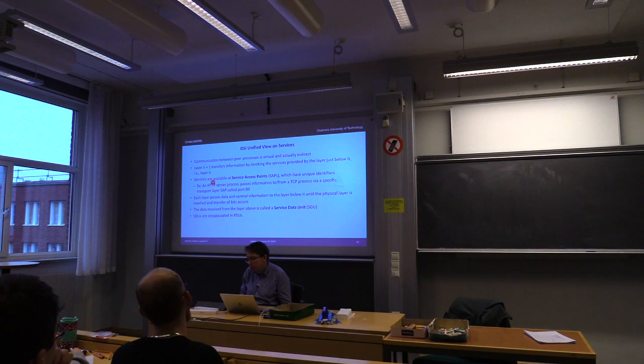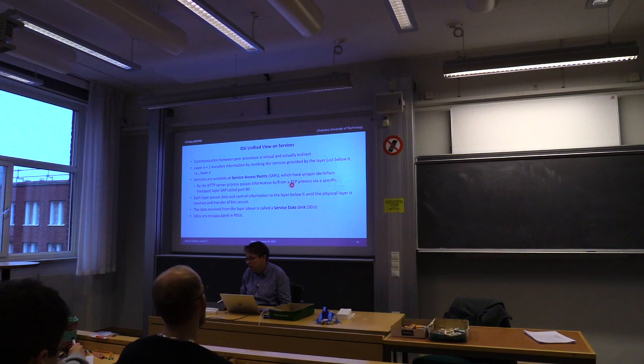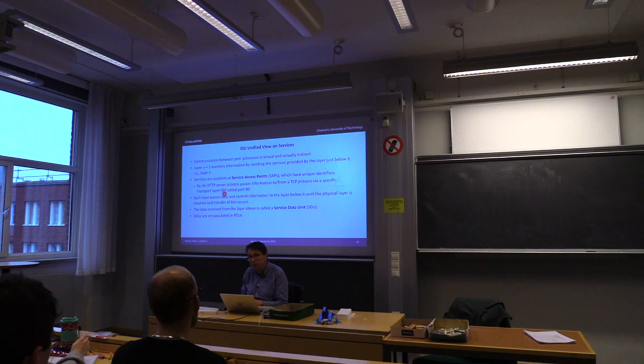So an HTTP server process passes information back and forth to a TCP process. This is at the application layer, and this is at the transport layer. So the HTTP process sends information back and forth to the TCP process via a specific transport layer service access point, which is called port 80.